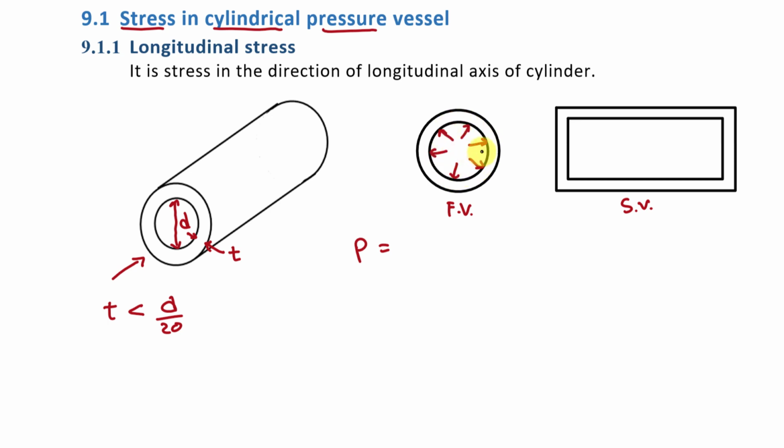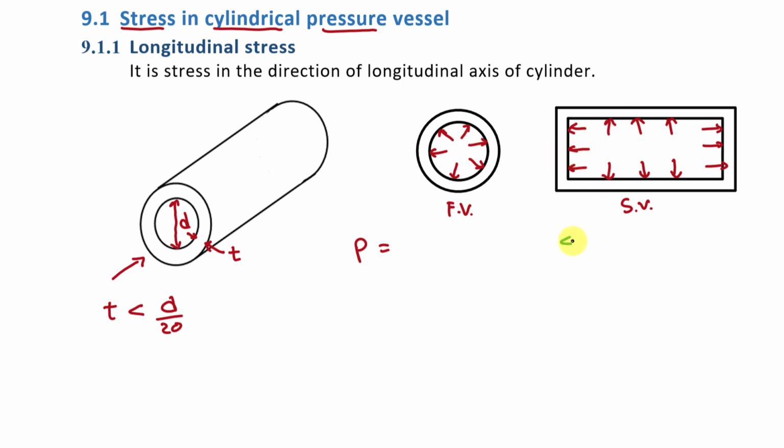Here this pressure is always perpendicular to the surface. Fine? And here we will also get pressure like this. And on this surface also there will be pressure. Here pressure on the side wall is also shown here. Fine?